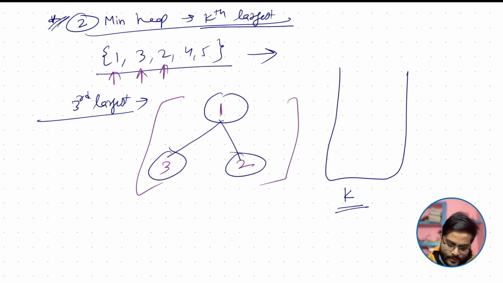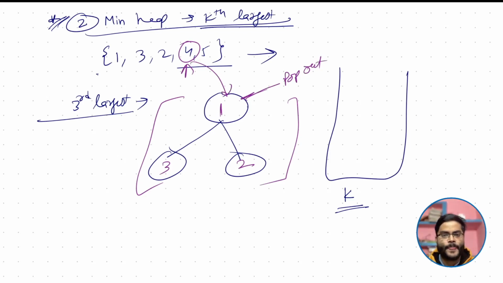Now move forward. If you come here, it is 4. If it is greater than our root element, I will just pop this out and push this in. First pop this out.